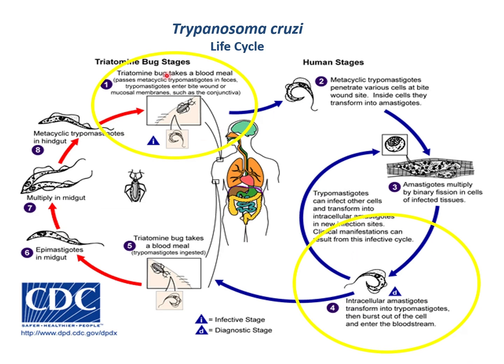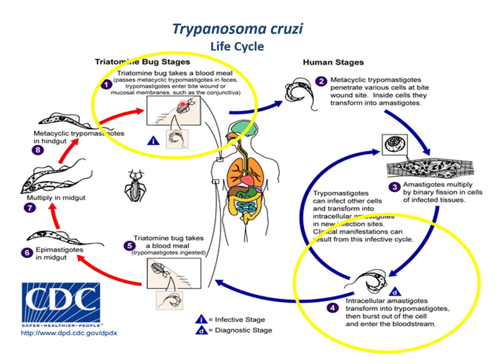Let me now go over the life cycle of Trypanosoma cruzi, which is responsible for the American trypanosomiasis or Chagas disease. So the infection with Trypanosoma cruzi starts whenever a kissing bug or a triatomine bug takes a blood meal.